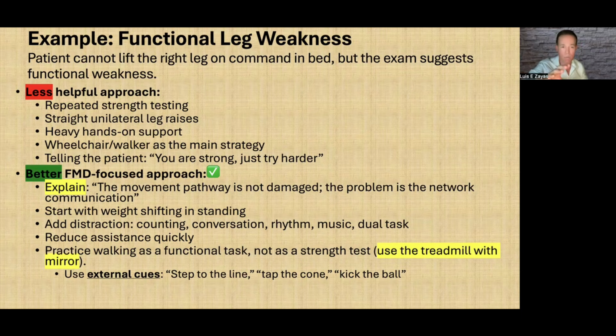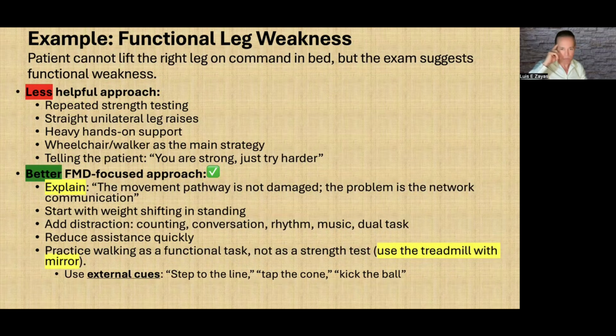So the patient cannot move the right leg; tell the patient, stand up. Stand up, okay? Be close to the patient. Start with weight shifting. Add distraction: count backward, use music, dual tasks, you name it.